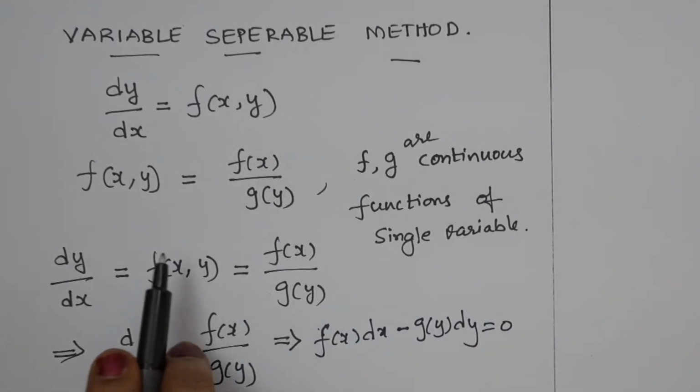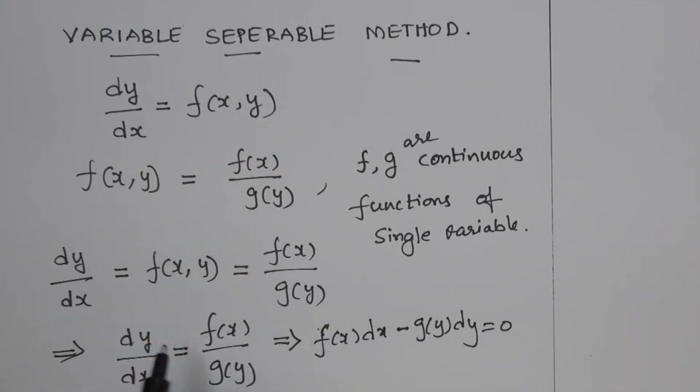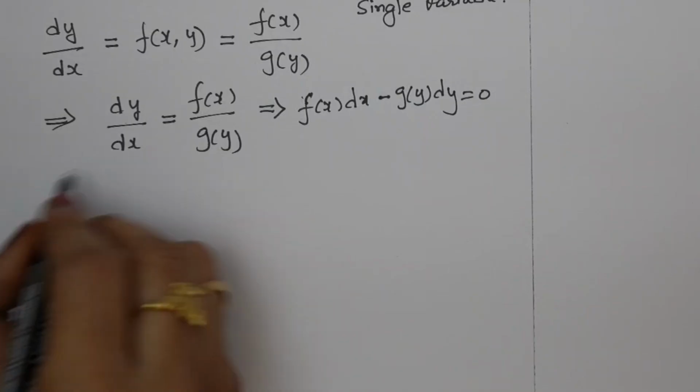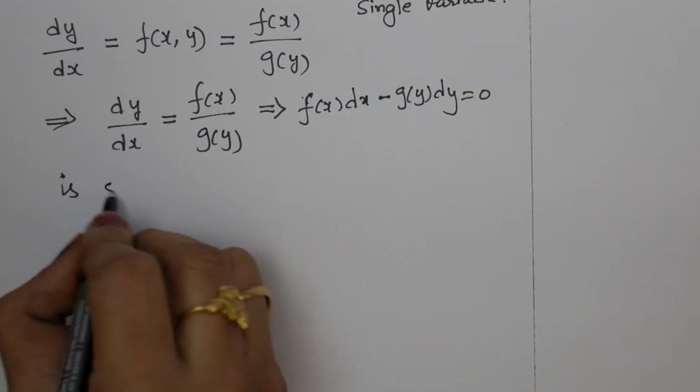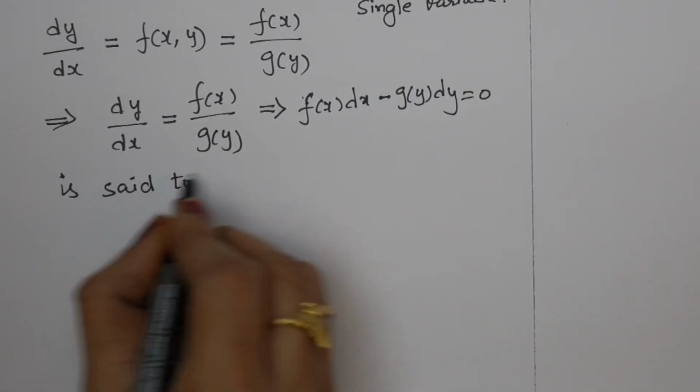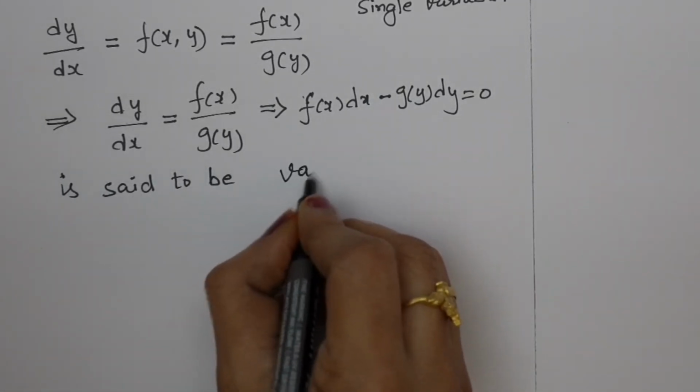So, a differential equation of first order first degree can be expressed of the form f of x dx minus g of y dy equal to 0. Then it is said to be variable separable form.